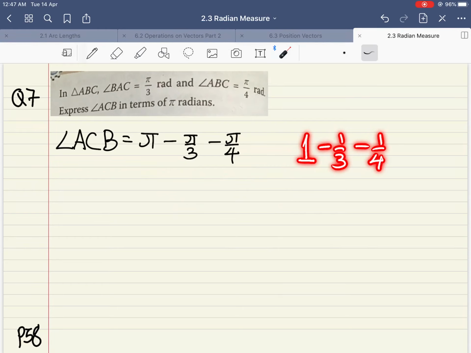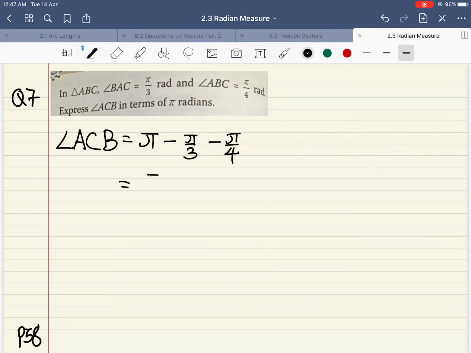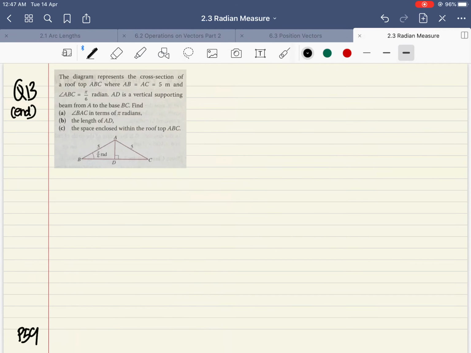If you key into your calculator 1 minus 1/3 minus 1/4, the calculator will give you 5 over 12. So 1 pi minus 1/3 pi minus 1/4 pi gives me 5/12 pi radians.